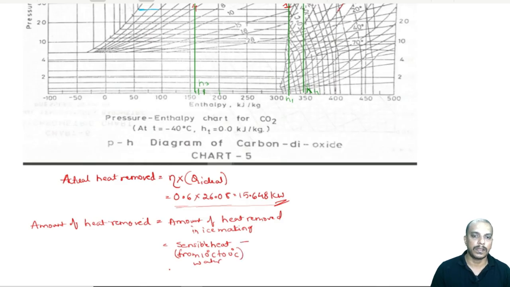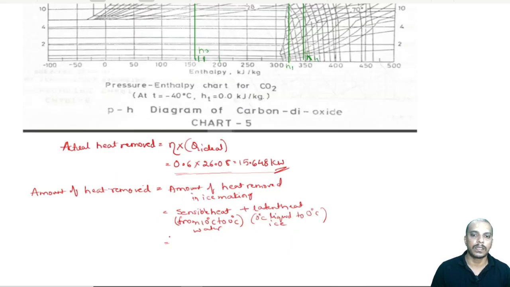Plus we are removing heat in the form of latent heat, that is 0 degree Celsius liquid to 0 degree Celsius ice, correct? So this has to be m Cp of water into (T1 minus T2), that is 10 minus 0, plus mass multiplied by latent heat of ice.